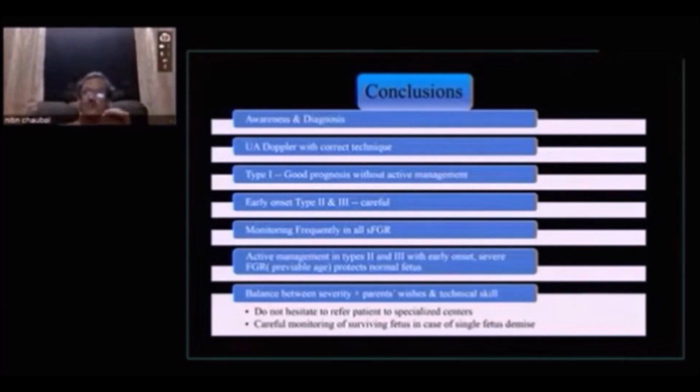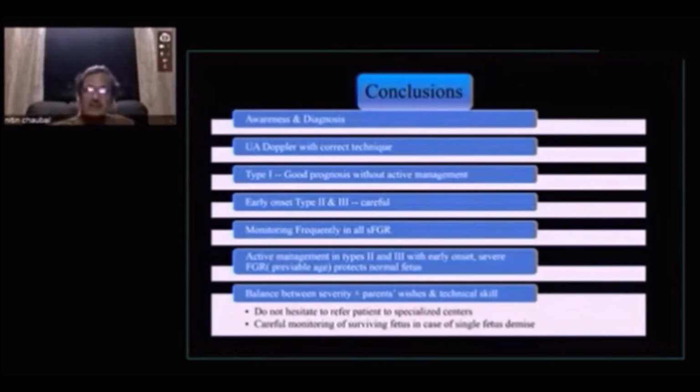Follow those 4 steps which I told you. Overall, type 1 has good prognosis. When you see an early onset type 2 or type 3, just be careful. Monitoring is very important in all sFGRs, whether it's type 1, type 2, type 3, and monitoring has to be done weekly and if required even bi-weekly because it's very, very important.